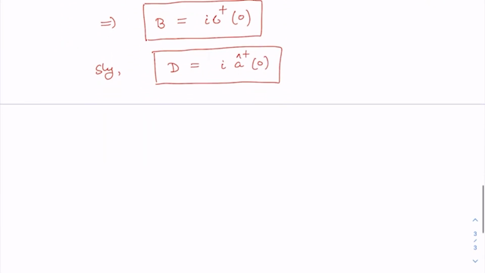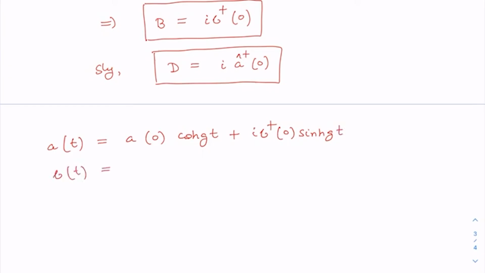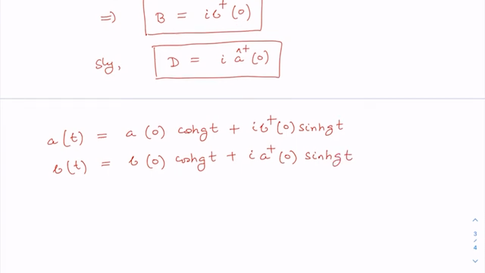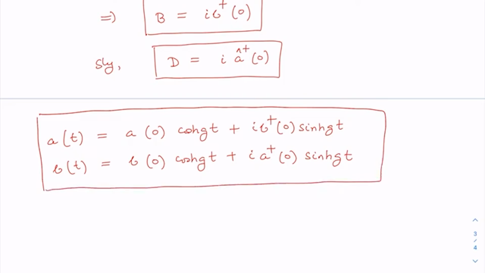So therefore I can write the full solution as follows. a of t would be equal to a of 0 cosh zt plus i b dagger 0 sinh zt, and b of t would be equal to b of 0 cosh zt plus i a dagger 0 sinh zt. These two equations lead us to a phenomenon called two-mode squeezing.